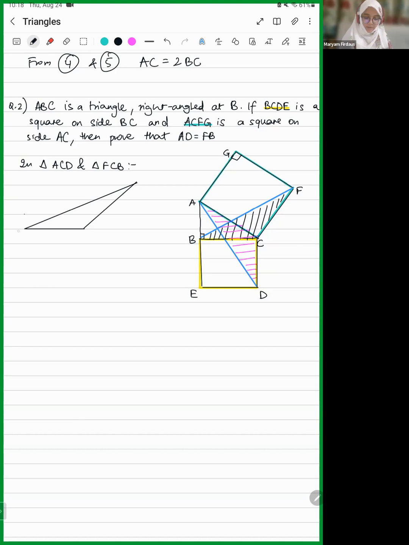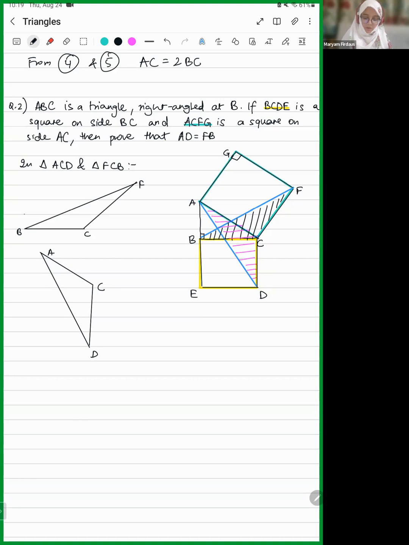Ma'am, both of them bisect the 90-degree angle. How do you know that? It's not given anywhere that they bisect the 90-degree angle. Is it given? No, ma'am.